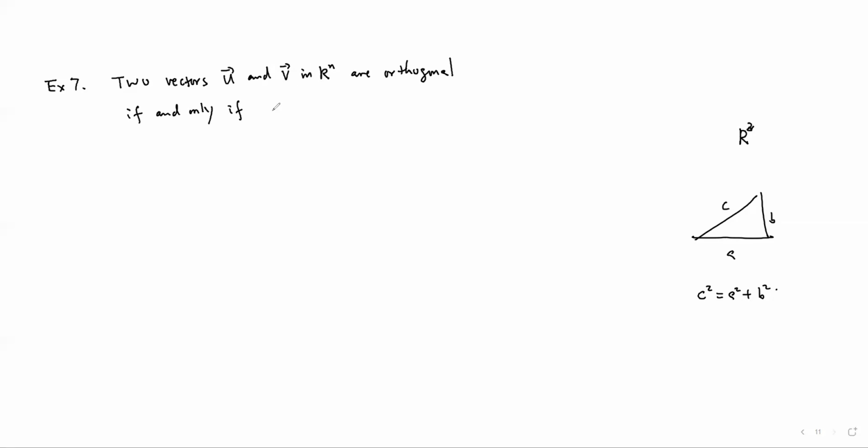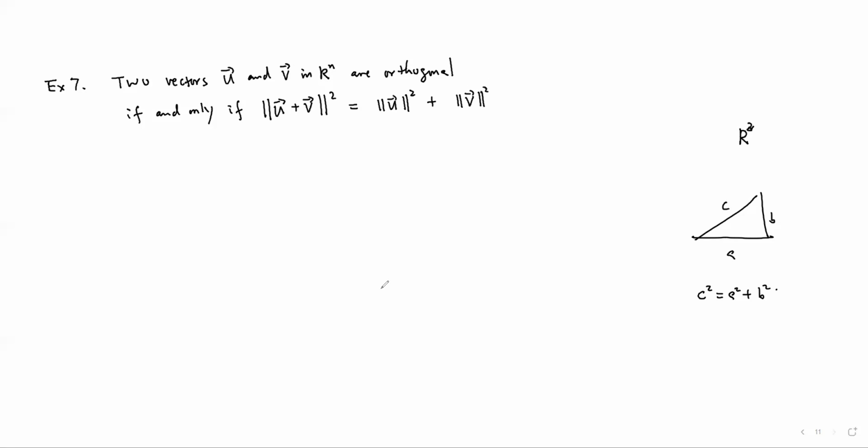Okay, holds: the length of u plus v, squared, is equal to the length of u squared plus the length of v squared.